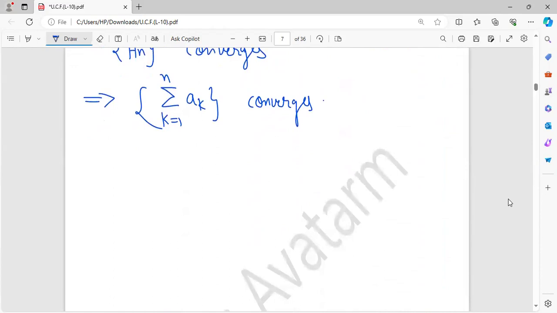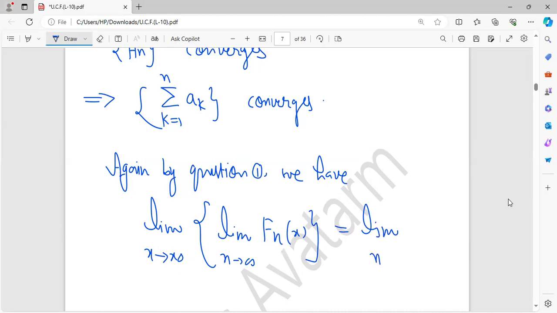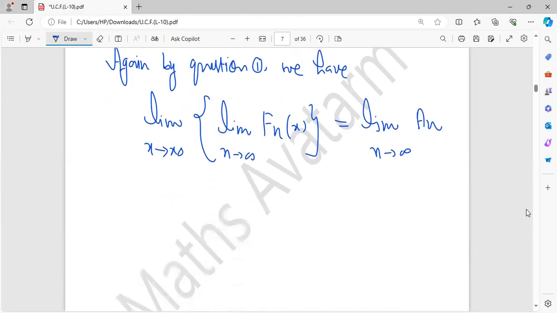Second part, again by question 1, we have that the limit as x tends to x naught of the limit function is the limit as n tends to infinity of an. Let's say it capital F(x).